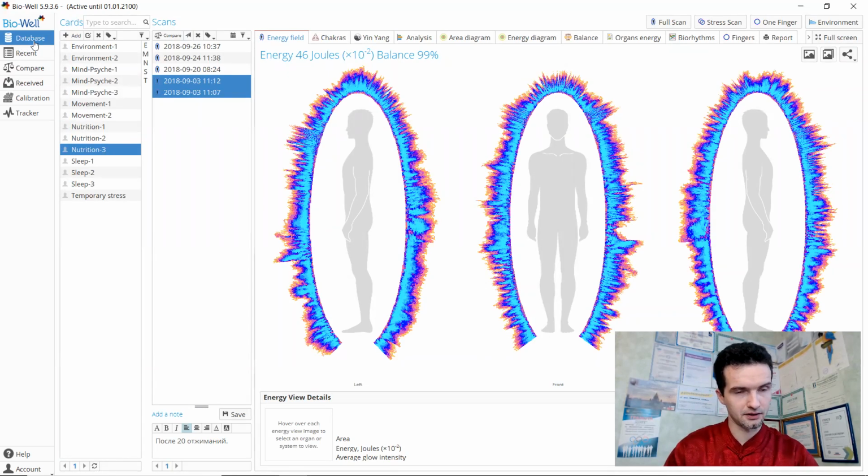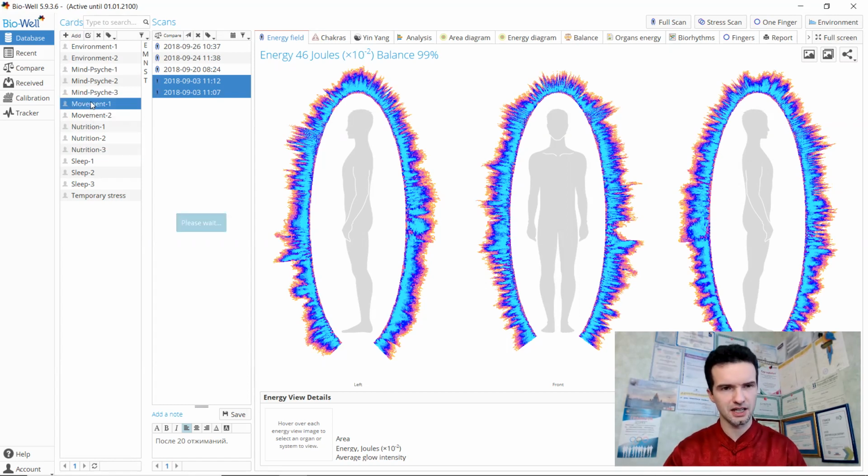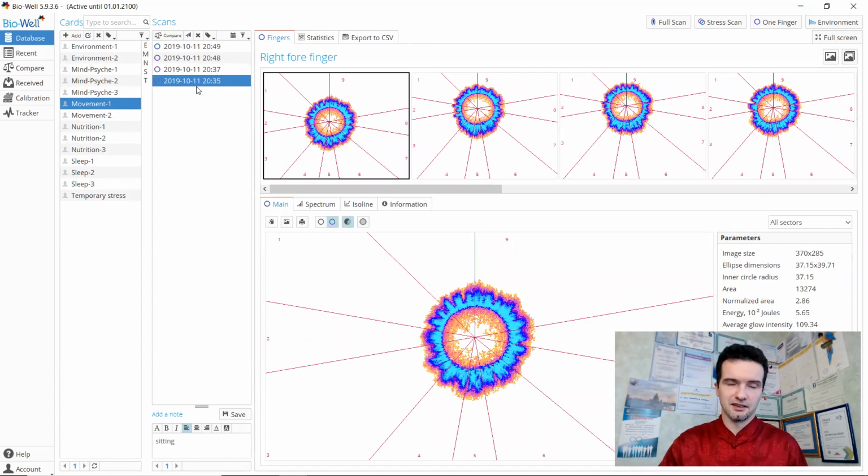Another aspect of life that is drastically changing our energy and stress state is the movement, activity, and stretching. So we all know that our lifestyle nowadays, lots of sitting, right?